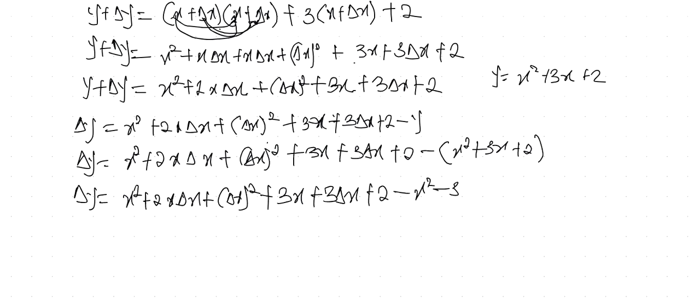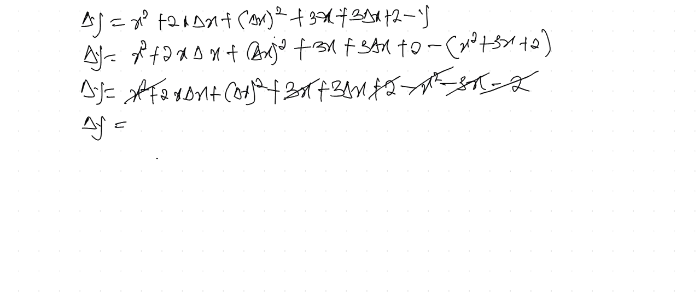Collect the like terms. You discover this one will remove this one, this one will remove this one, and this one will remove this one. You'll be left with change in y will be equal to 2x change in x plus change in x squared plus 3 change in x.